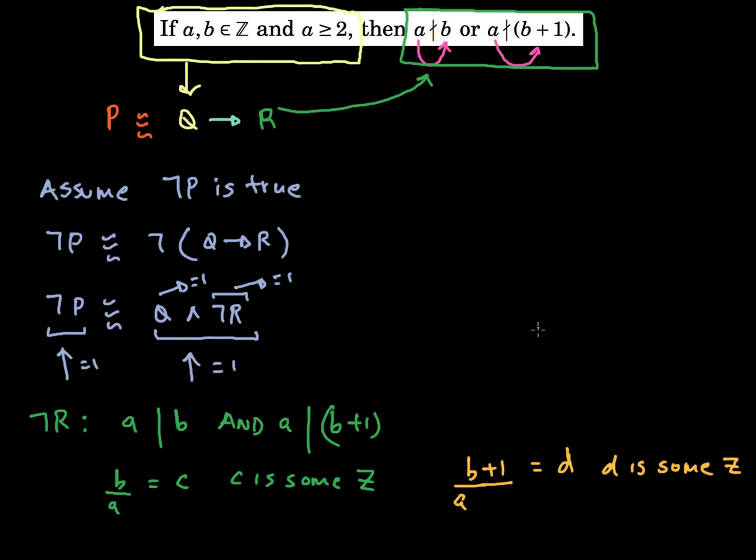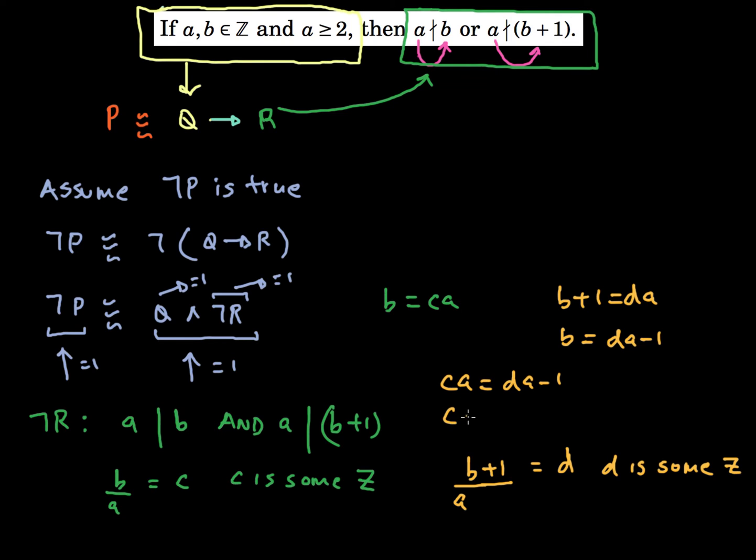Given these two, I can rewrite the green piece as B equals CA, and the yellow piece as B plus 1 equals DA, which is B equals DA minus 1. Both of these are equal to each other, so CA equals DA minus 1, and then CA minus DA equals minus 1.